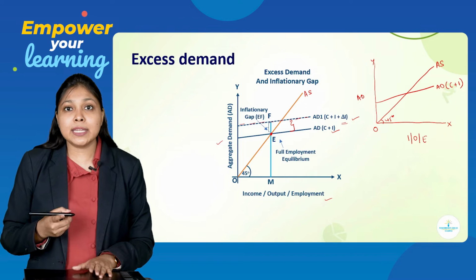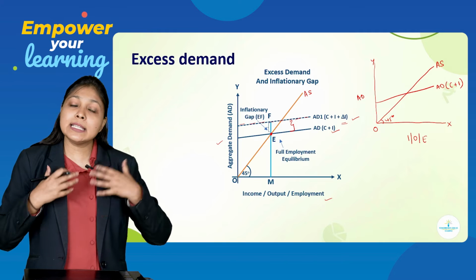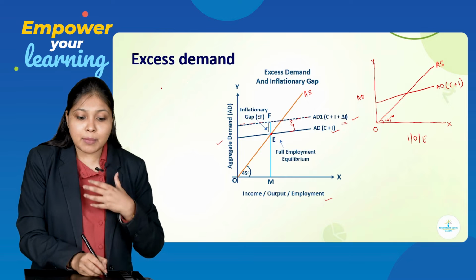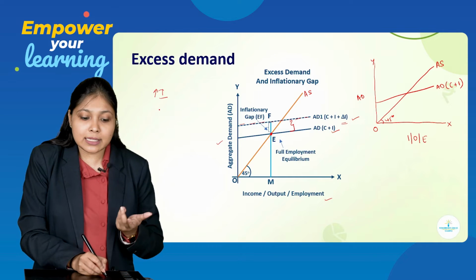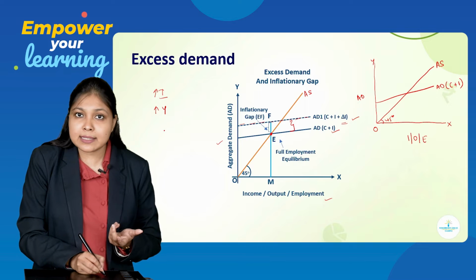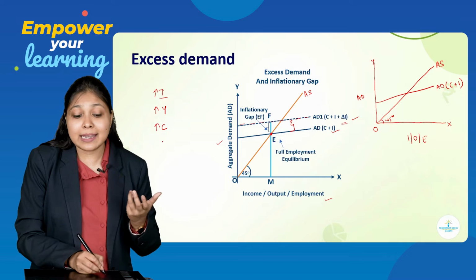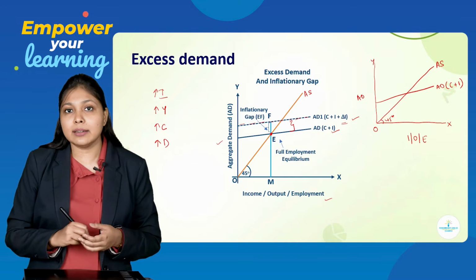Now, what is happening? The demand in the economy is increasing. It is increasing because, as I showed you the cycle, demand in the economy increases because of increase in investment. Increase in investment will lead to increase in income. Increase in income will lead to increase in consumption and hence more the consumption, more will be the aggregate demand.